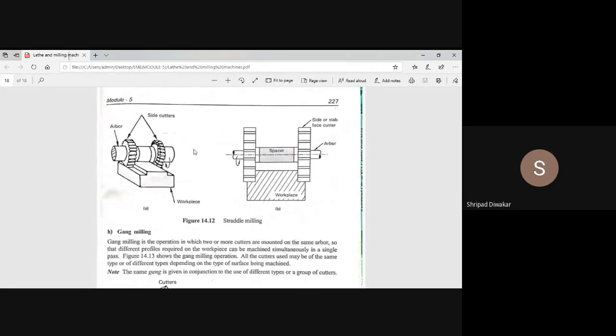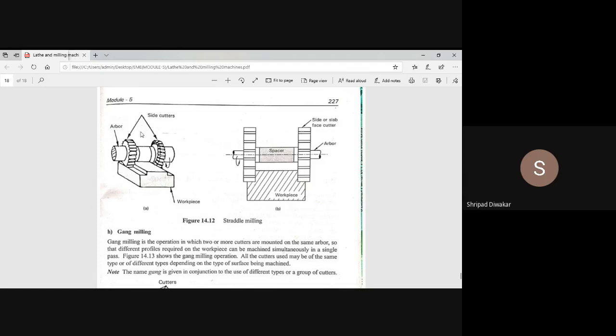You see, in other operations we have only a single tool fixed in the arbor, but here in case of straddle milling, there are two side milling cutters fixed, so that we can perform the left machining operation using the left cutter, and we can perform the machining operation using the right milling cutter on the right hand side.